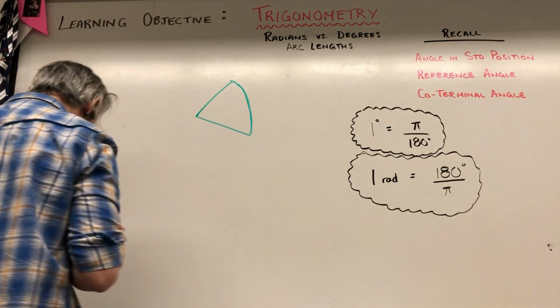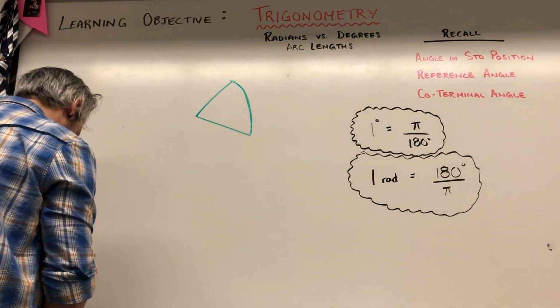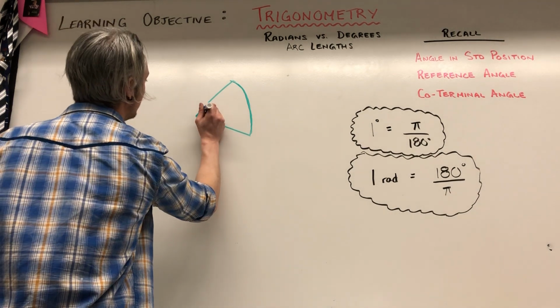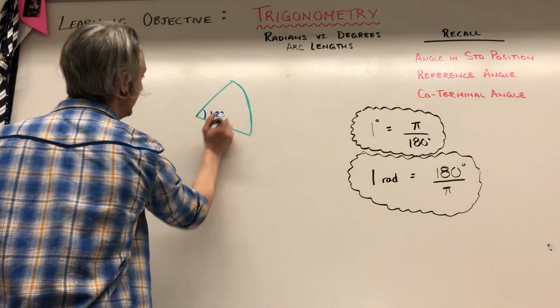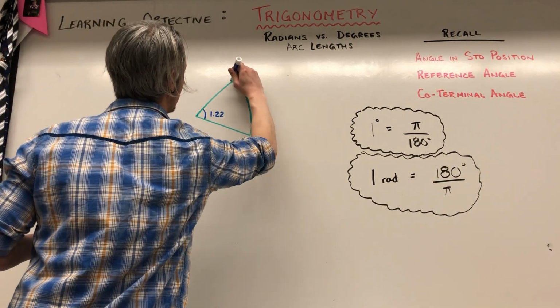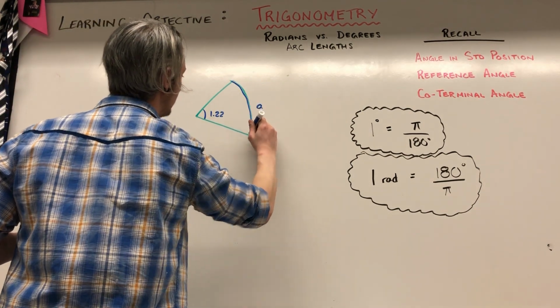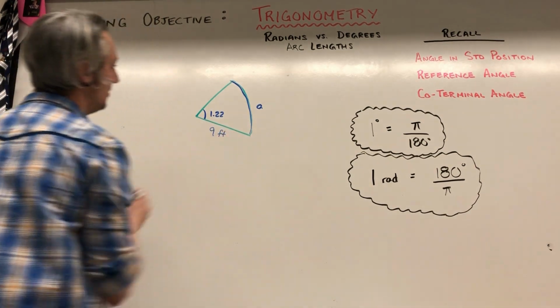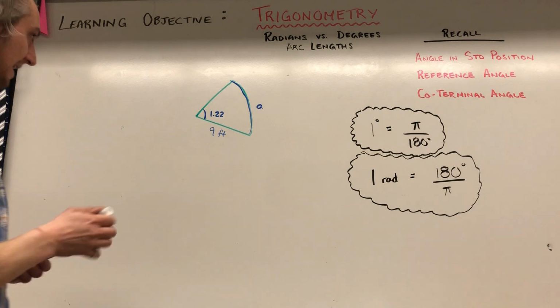And they tell me that this angle is 1.22 radians, and this is my arc length here. And this is my radius, 9 feet. So this is the other type of problem we're going to see in our practice problems.